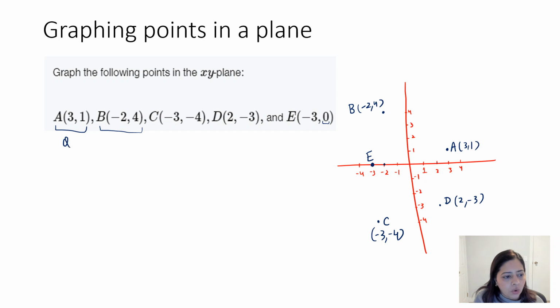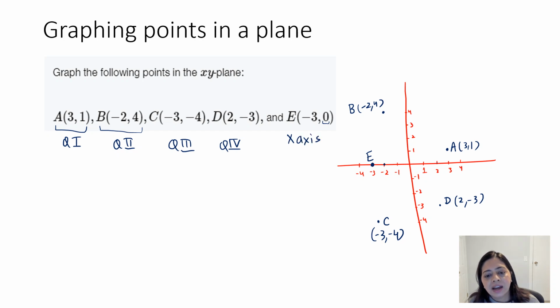A is in quadrant 1, B is in quadrant 2, C is in quadrant 3, D is in quadrant 4, while the point E is not exactly in any of the quadrants. It's actually on the x-axis. More specifically, it's on the negative x-axis because x is negative. So there could be points which are in the quadrants, or on the axes: positive or negative x-axis, positive or negative y-axis. They could be anywhere.